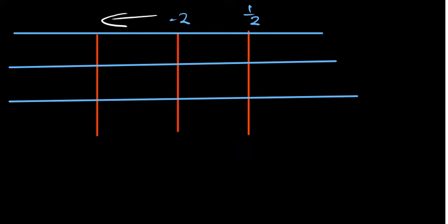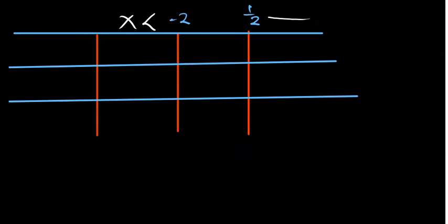Less than 2. So I'm going to say here X is less than 2. Now, for the guy in between, what about this? I'm going this side. Do we expect X to be less than or greater than 2?